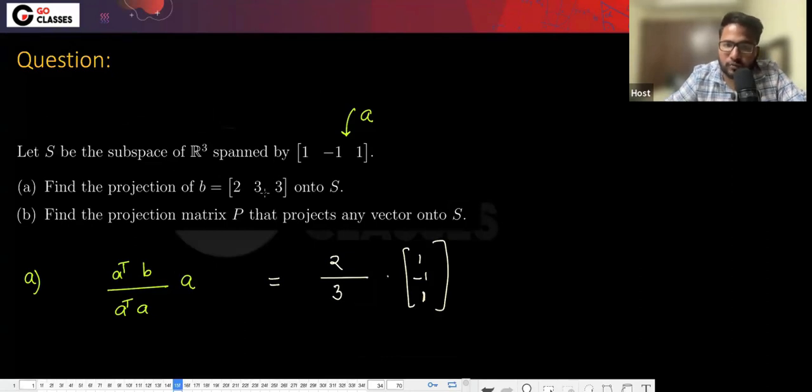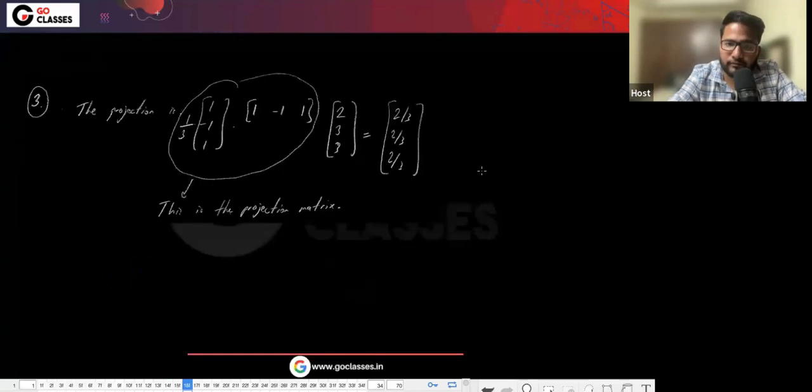So this is 2 minus 3, 3. So it is 2 by 1 square plus 1 square plus 1 square, 2 by 3 into 1 minus 1, 1. I think there is some calculation mistake here, probably.